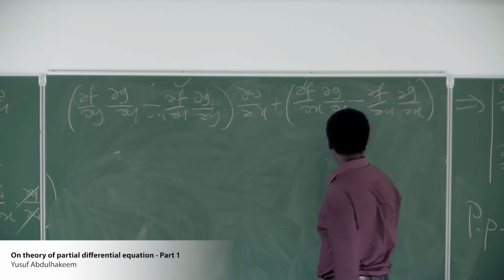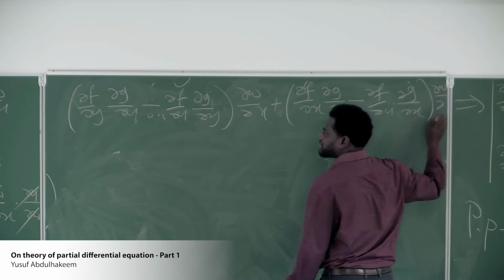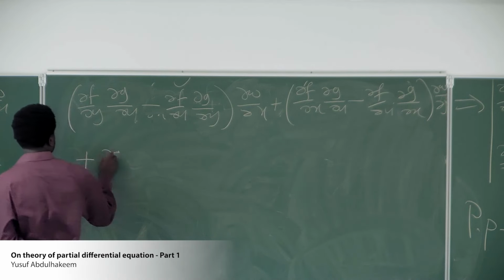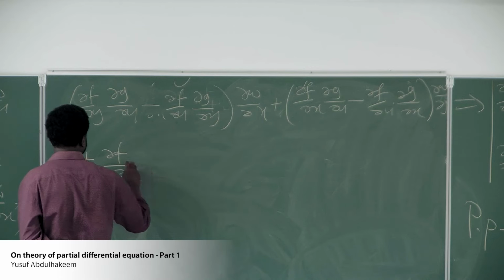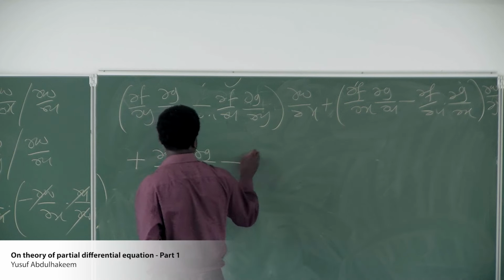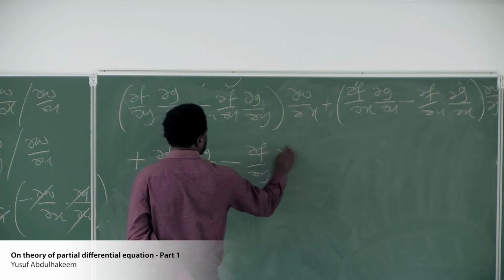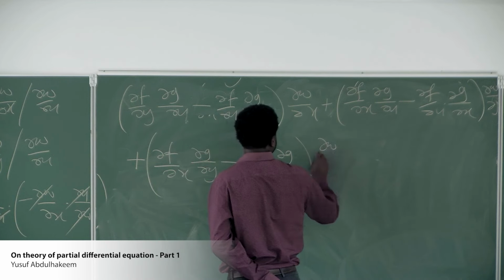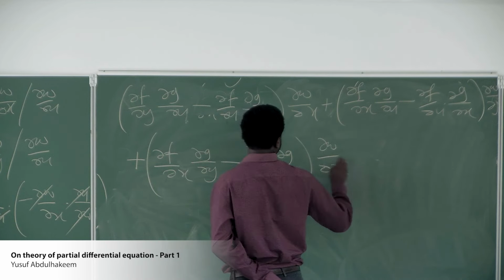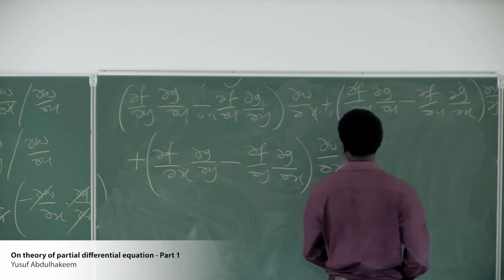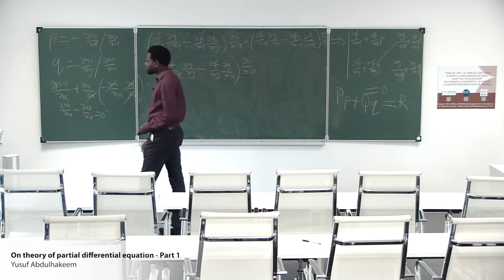Then this will multiply ∂ω/∂y, plus the next one, which is ∂f/∂x multiplied by ∂g/∂y minus ∂f/∂y multiplied by ∂g/∂x. So the whole of this will multiply ∂ω/∂u.